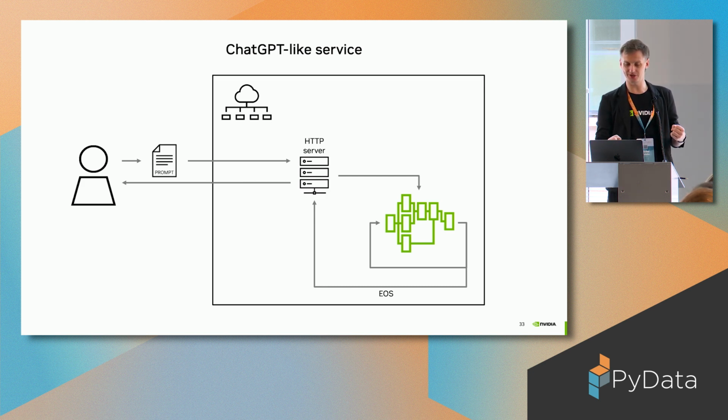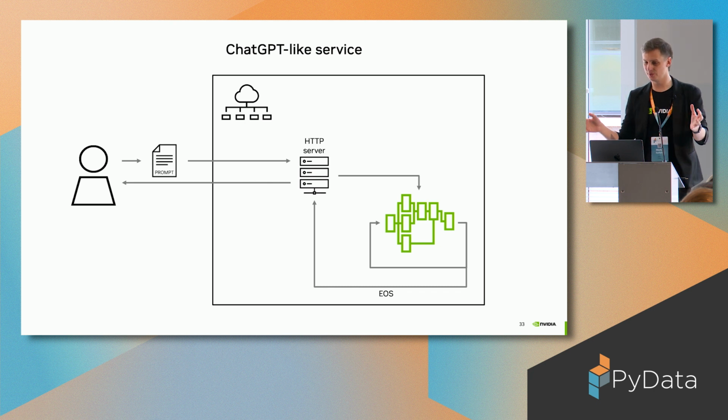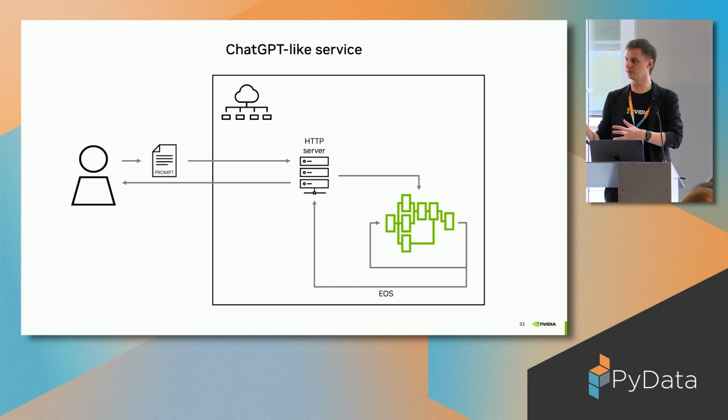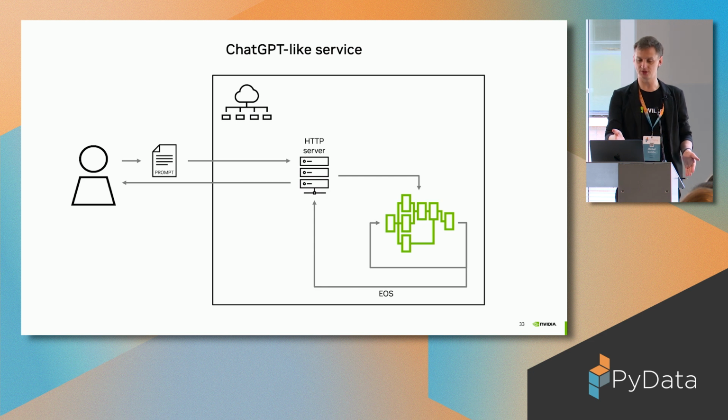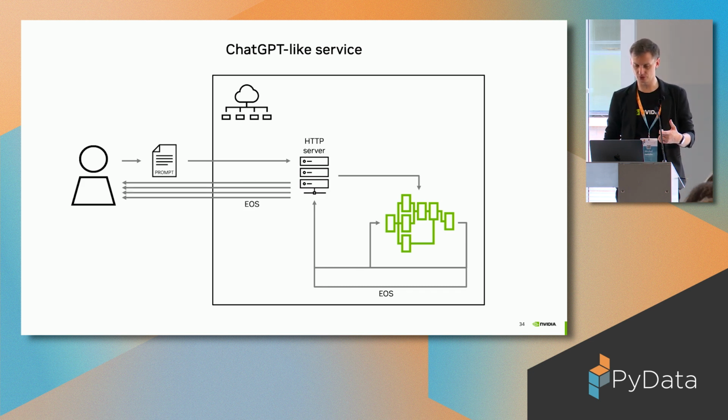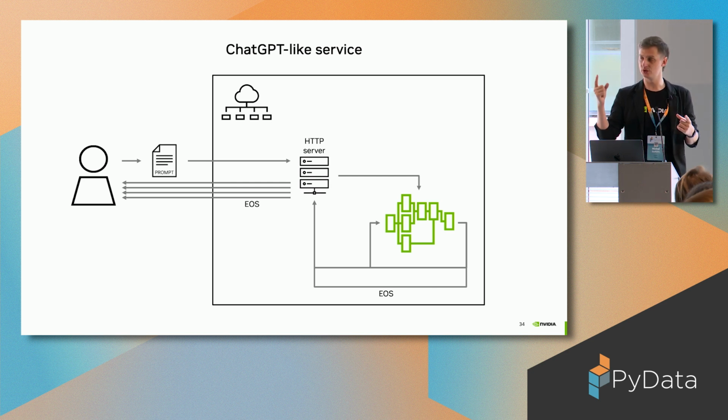When you use ChatGPT, we see that tokens appear token by token. In this kind of situation, our whole response would appear only at the end of the process. So we need to modify this a little bit. What we need to do is to create communication between the user and the HTTP server after every token.